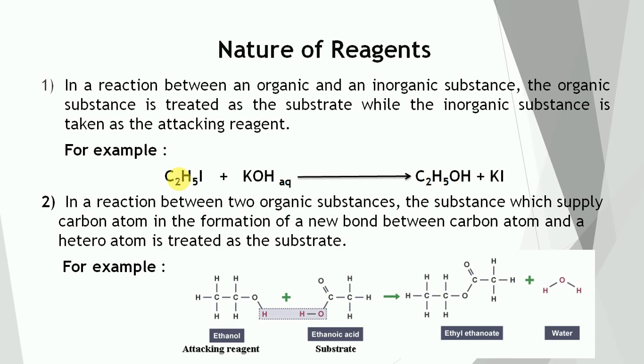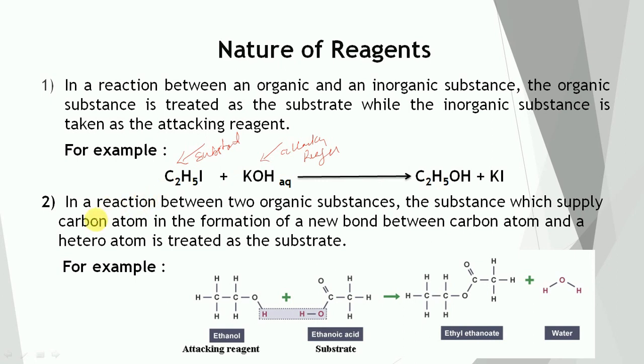In the first case, if we have two reactants, one organic and another inorganic, then the organic substance is called the substrate, and the inorganic substance is called the attacking reagent. So it is rule number 1.